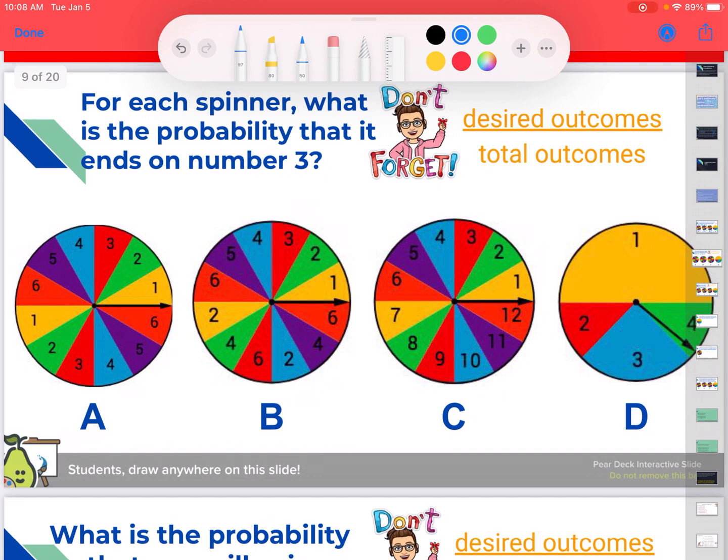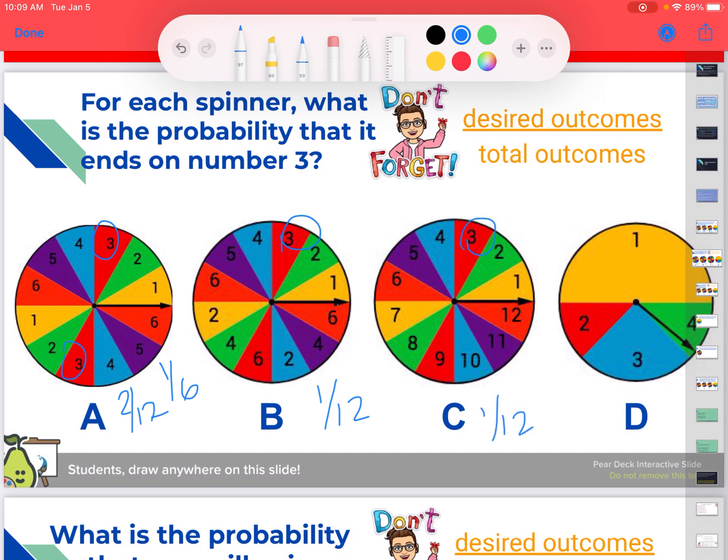Now let's look at the probability of getting a 3. That's 2 out of 12, or you could say 1 out of 6. That's 1 out of 12. That's 1 out of 12.